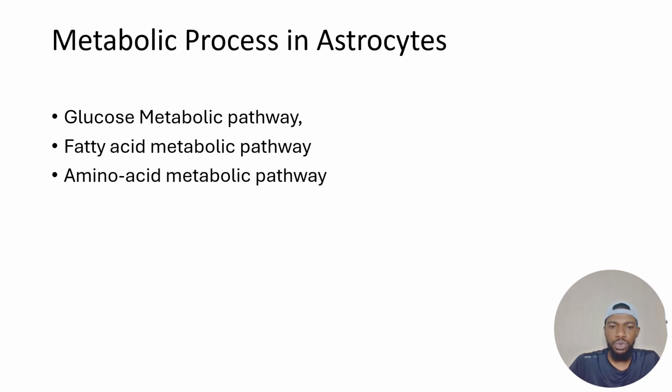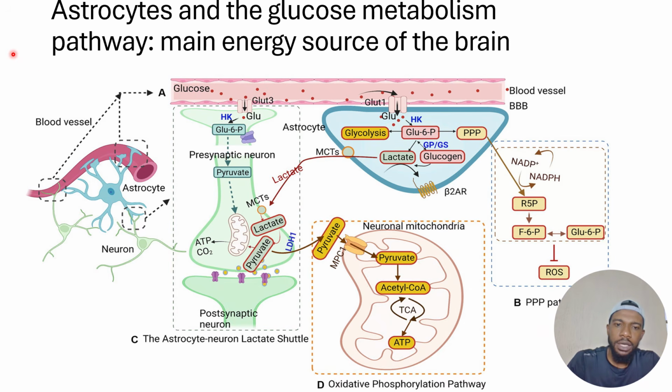But we are going to talk about the glucose metabolic pathways, and we are going to focus on glycolysis, the pentose phosphate pathway, and the oxidative phosphorylation pathway. In this slide, we are going to look at glucose metabolism in astrocytes and how astrocytes provide energy support for neurons in the brain.